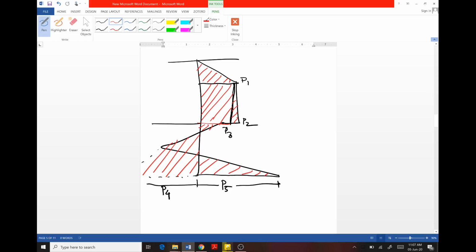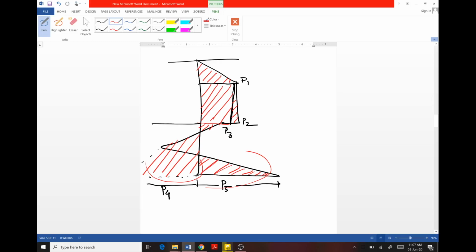As I have already determined the value of P4, we can subtract this side from this. So ultimately only this portion we will take.